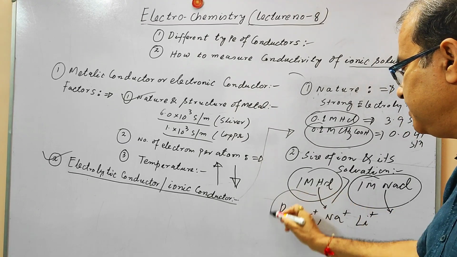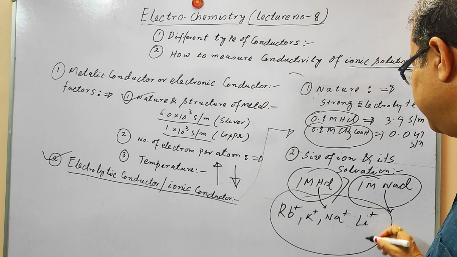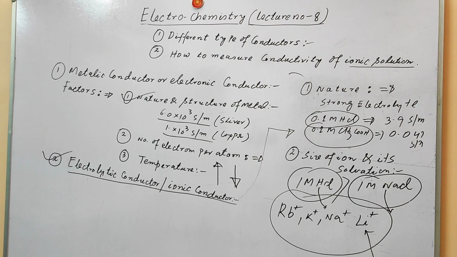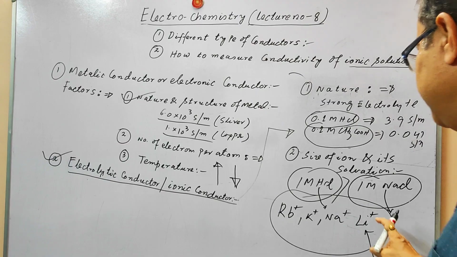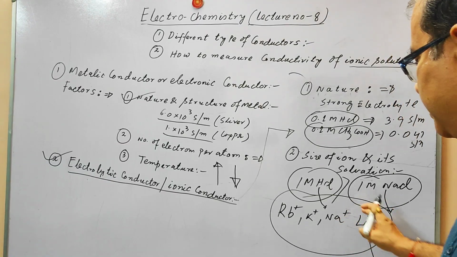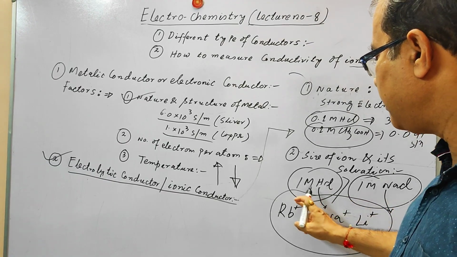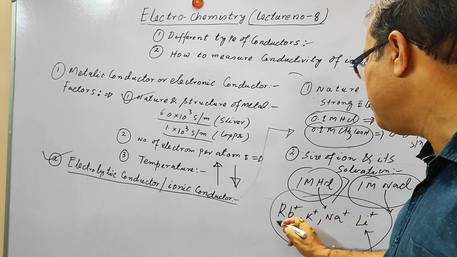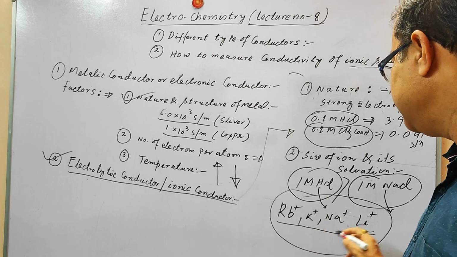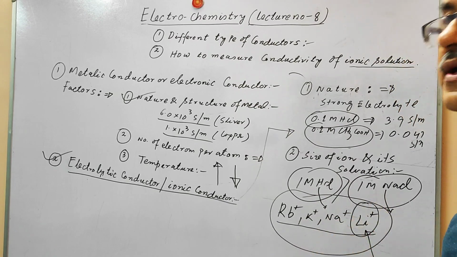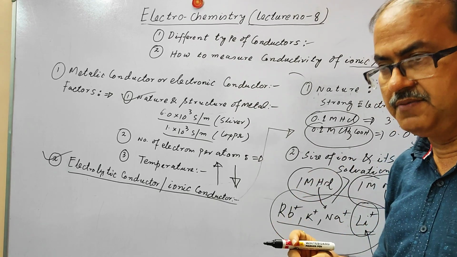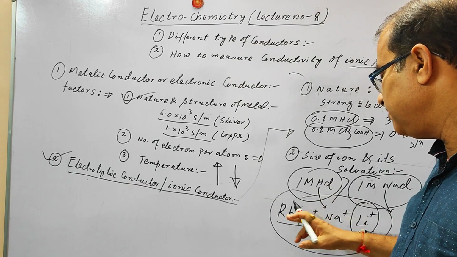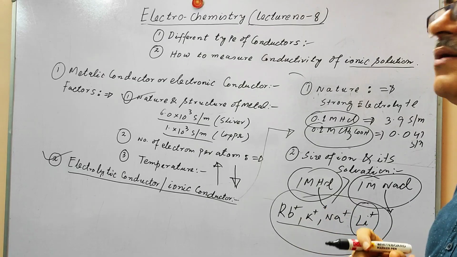If you see their size, you will find that lithium has the lesser size, whereas sodium is greater than this, and rubidium has the higher size. If we go by this size factor, then lithium will have the higher conductivity in the aqueous solution, whereas rubidium will have the lower conductivity.